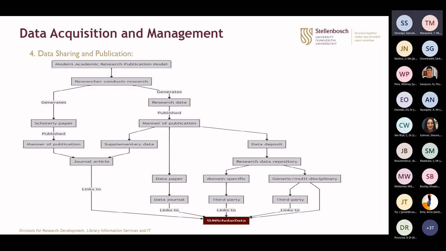What I wanted to indicate, something that's not necessarily explicitly stated in the regulation, is that such data should be linked to the university's research data repository, SunScholar Data. That way we have some kind of data catalog of all the research data that are being generated by the university, at least that are being published by the university.